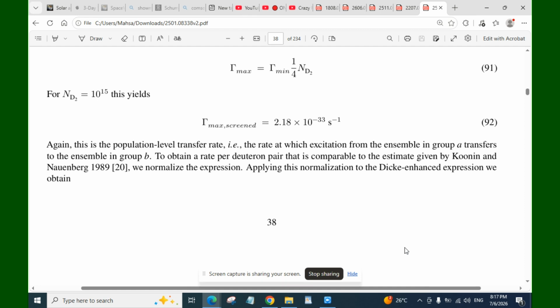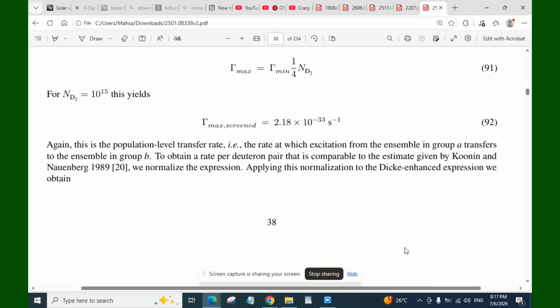For example, the rate at which excitation from the ensemble in group A transfers to the ensemble in group B. To obtain a rate per neutron pair that is comparable to the estimate given by Koonin and Nauenberg in 1989, in reference 20, we normalize the expression.